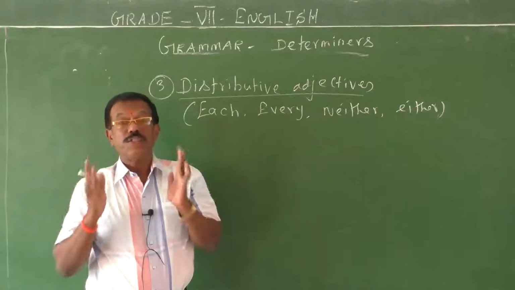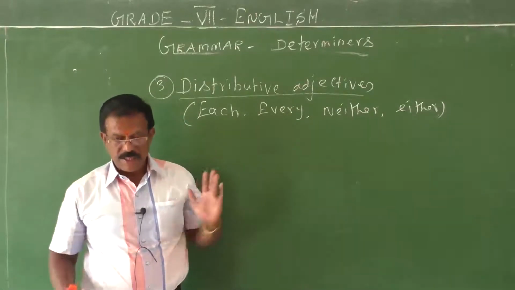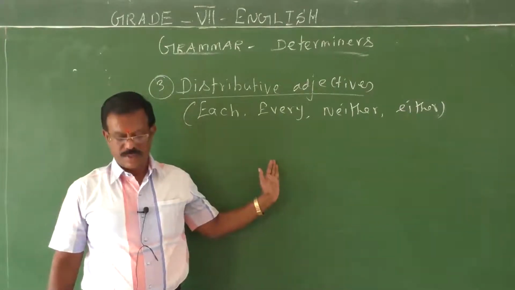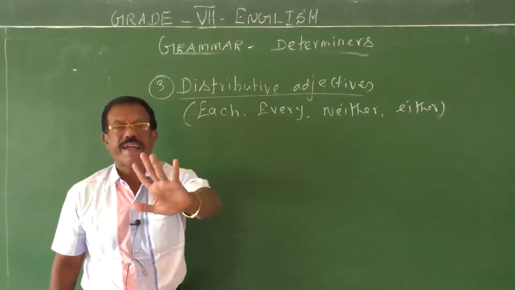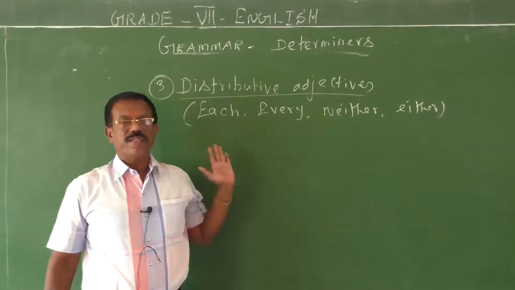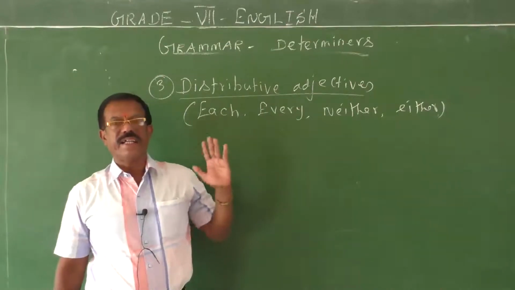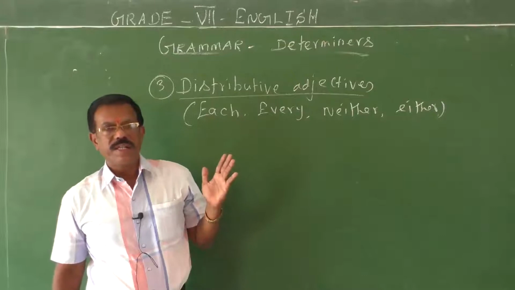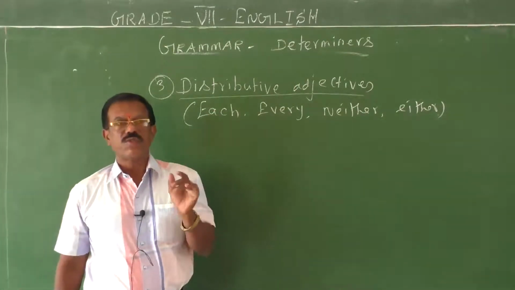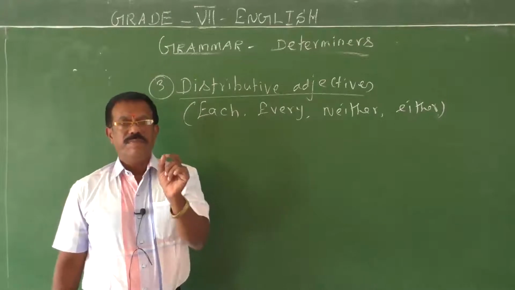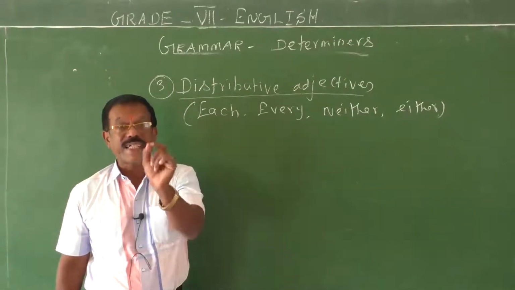We call them distributive adjectives because they are used with nouns to refer to each and every one of the nouns at a time. That's important. So each, every, either and neither are called distributive adjectives. They are used with nouns to refer to each and every noun at a time.